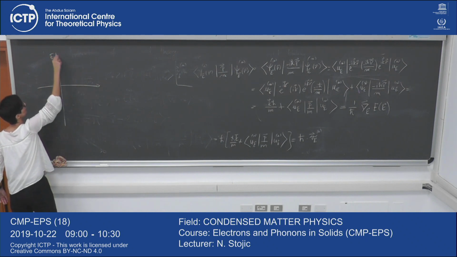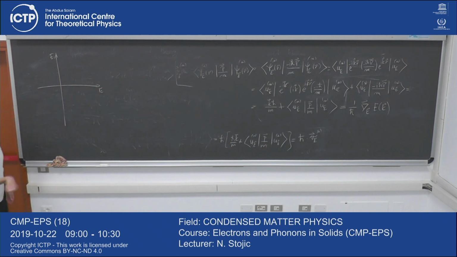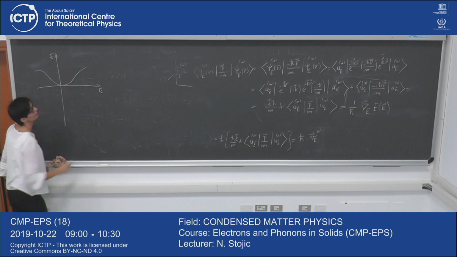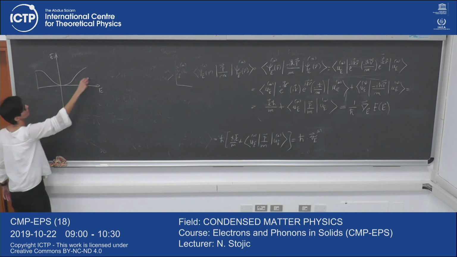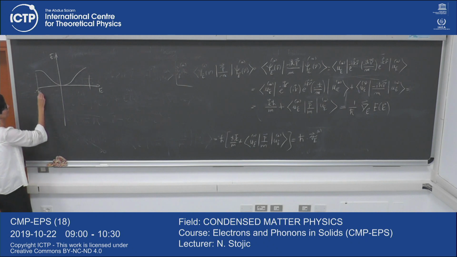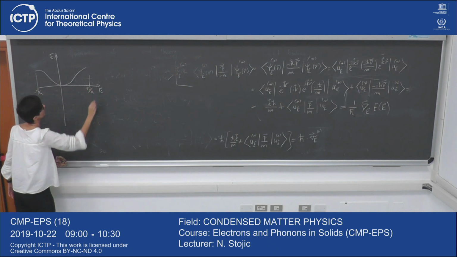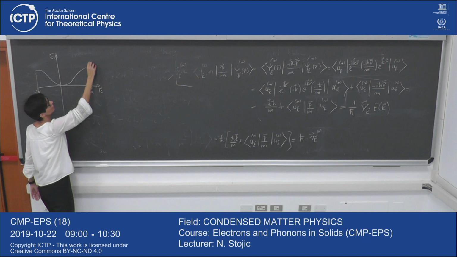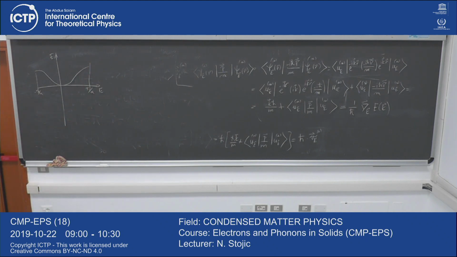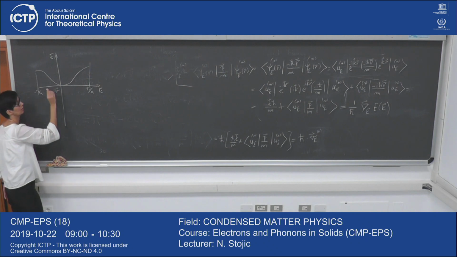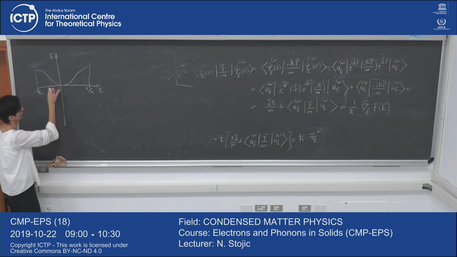You have energy versus k. Let's draw some tight-binding band in 1D. Many things are done here in 1D for simplicity, but they of course apply to 3D, with the same conclusions. This is the band dispersion, this cosine k_x, no? What you've seen, and then the velocity. In 1D, I don't have to write vectors.